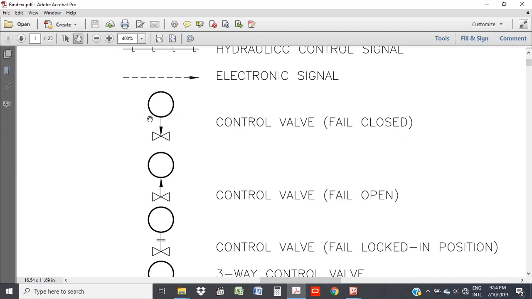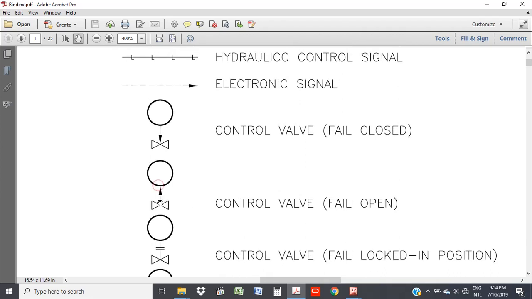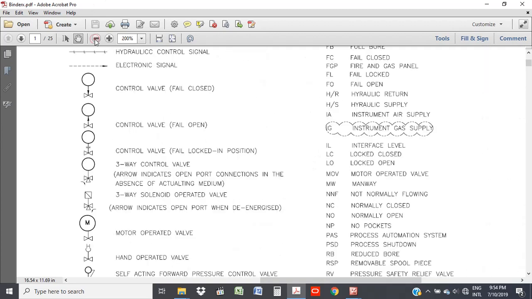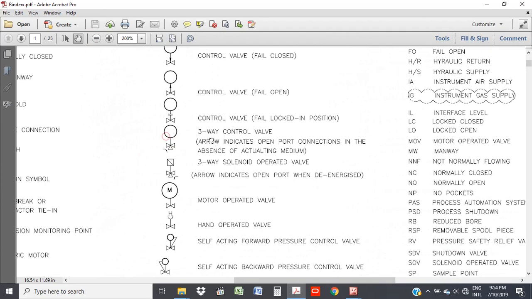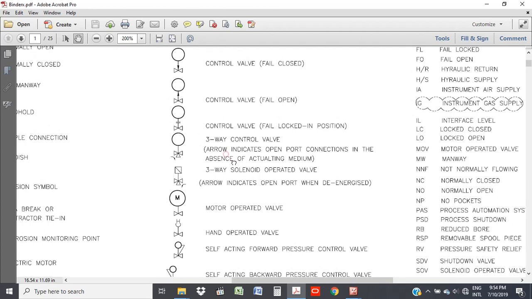So if it's a valve that fails closed, you would see an arrow pointing downwards, meaning if it loses a signal, electric signal, pneumatic signal, instrument, the valve would automatically close without you having to do anything. And if it's fail open, it will automatically open when there's no signal going to it. That's very, very important when dealing with control valves or motorized valves.